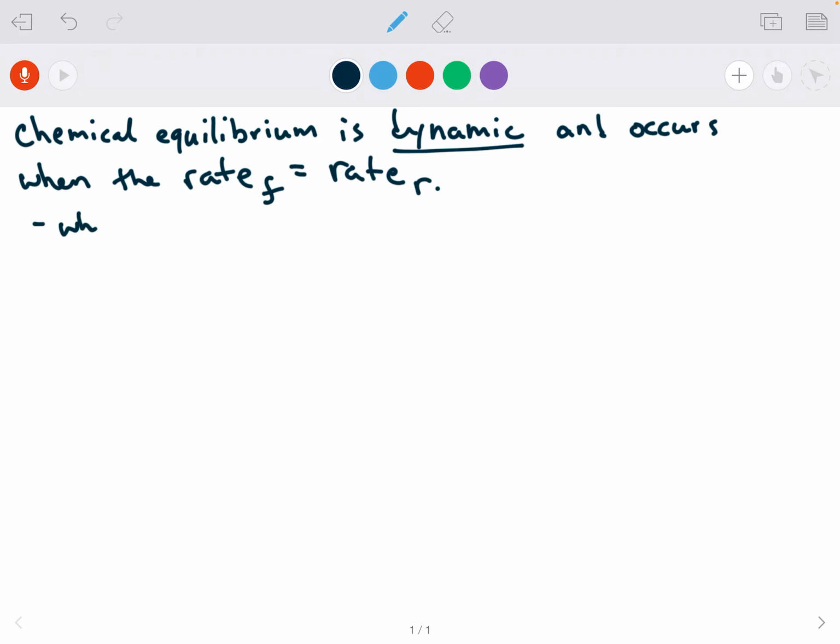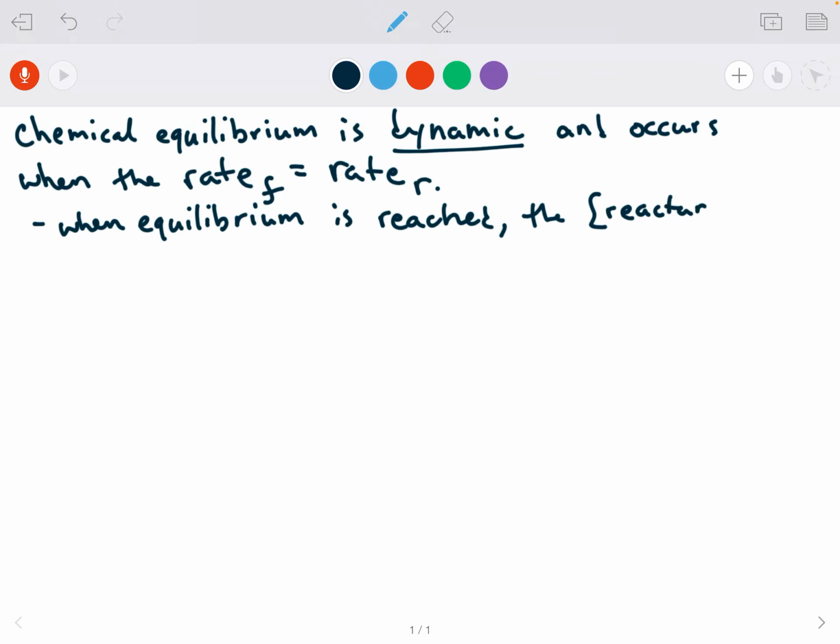So, when equilibrium is reached, the concentration of the reactants and the concentration of the products remain constant.